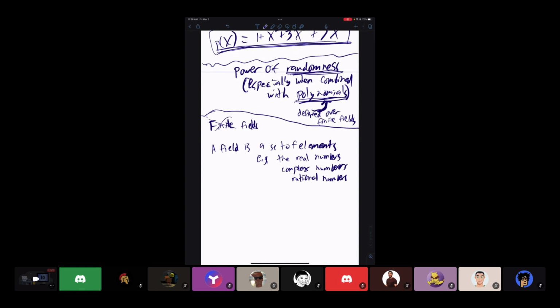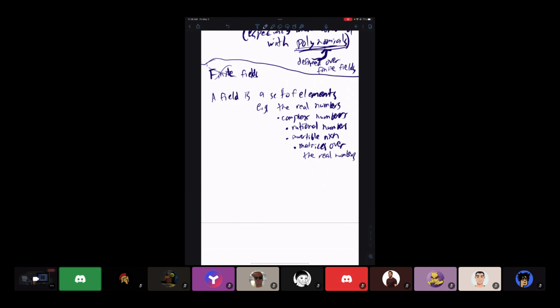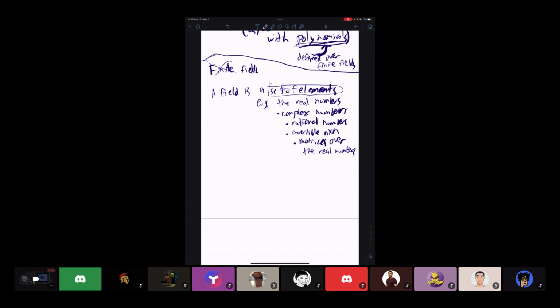I guess the set of all invertible n by n matrices over any other field, say the real numbers, is also a field. So these are examples. Yeah, so the set of elements for the real numbers is the uncountably infinite set of all real numbers. For the rational numbers, it's all rational numbers, and so on and so forth.